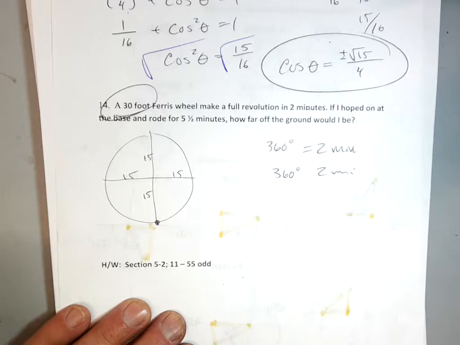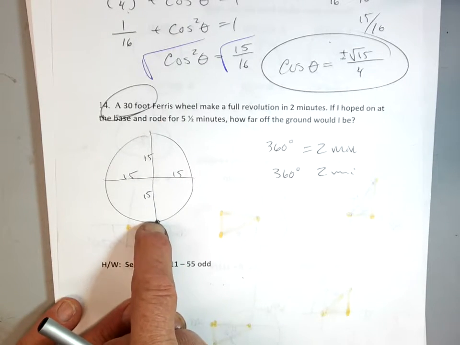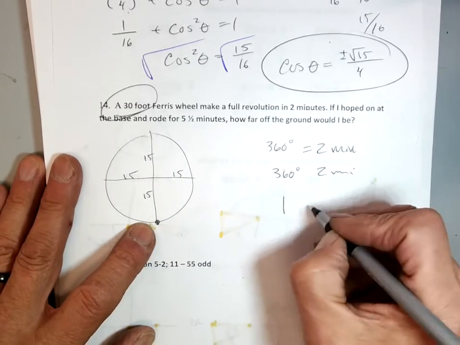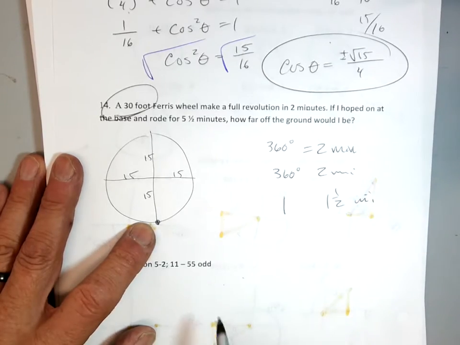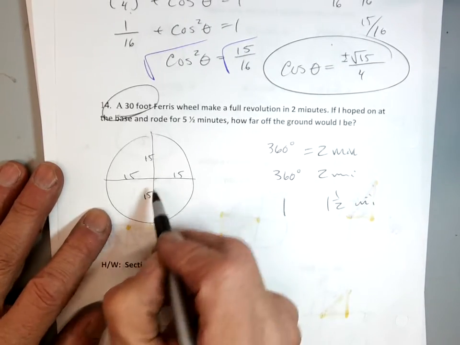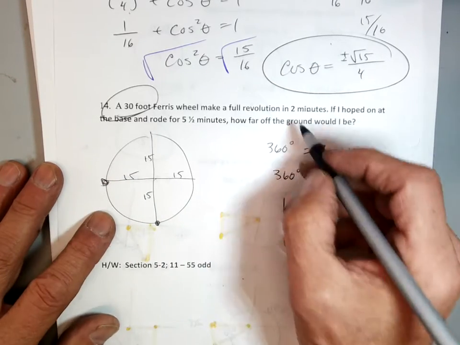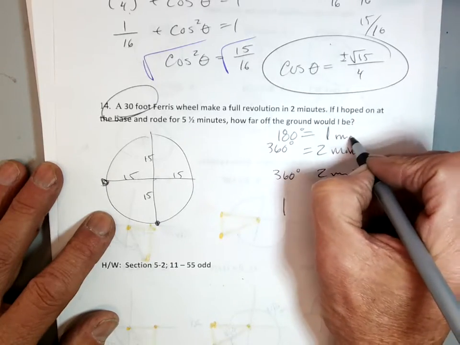I've gone one full revolution, and I'm going to go another full revolution. Now I have 1.5 minutes left. It should take me to right about here, shouldn't it? Because it's 180 degrees in 1 minute.